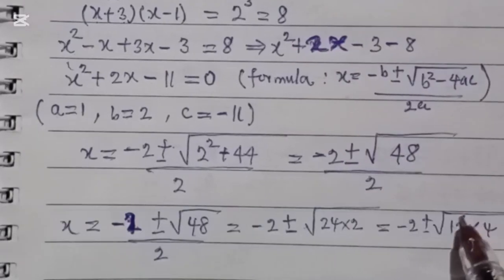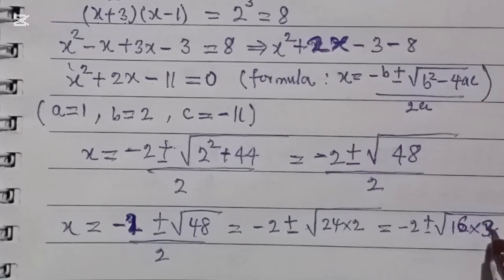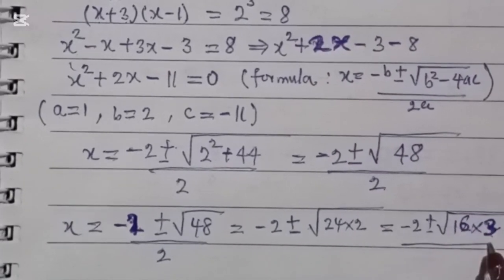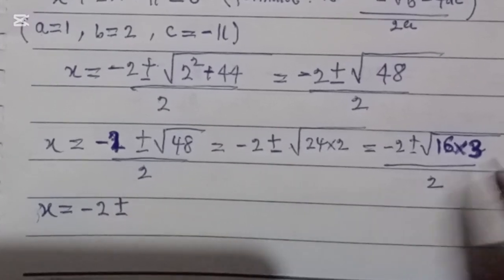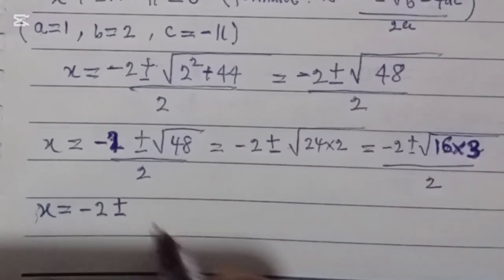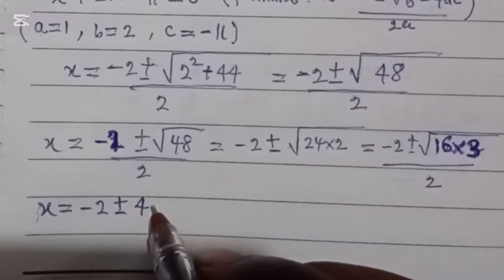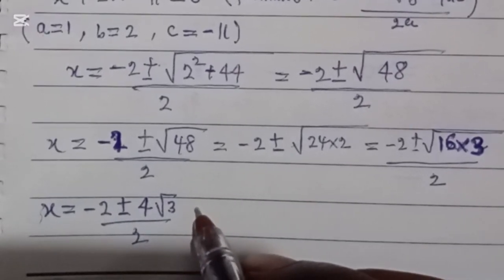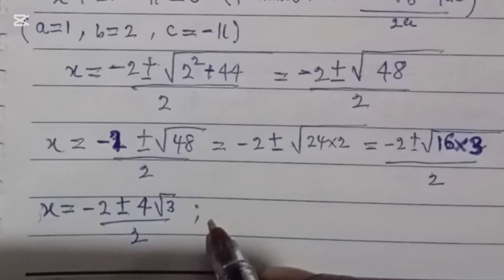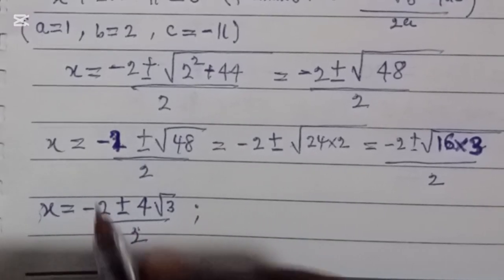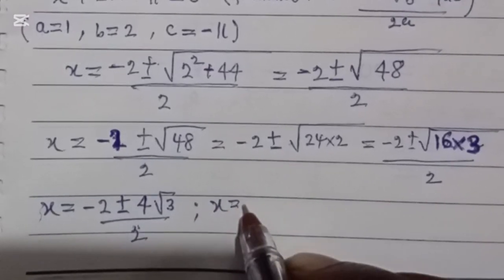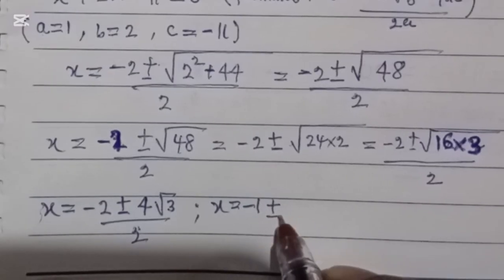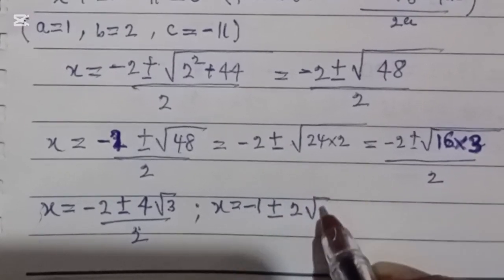Now, 16 times 3 is 48. So this will simply be plus or minus the square root of 16 times 3. The square root of 16 is 4, so 4 comes out, and we are left with the square root of 3, all over 2. We can end it here by saying that 2 divides 2 and 2 divides 4, and this becomes minus 1 plus or minus 2 times the square root of 3.